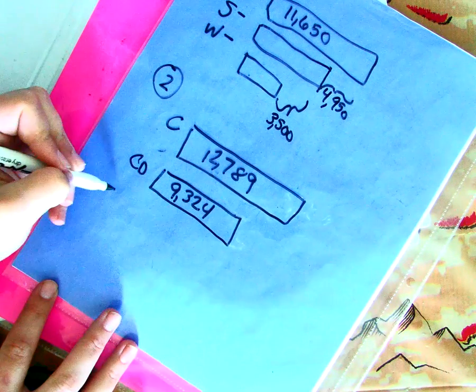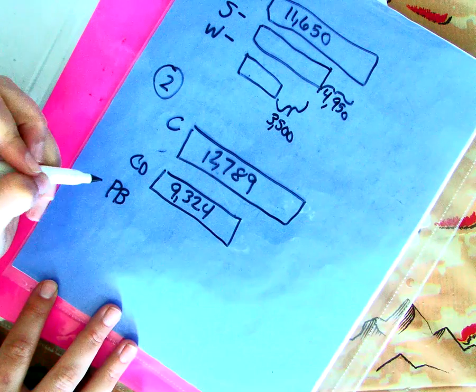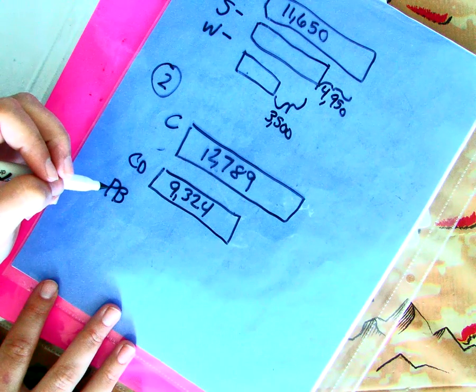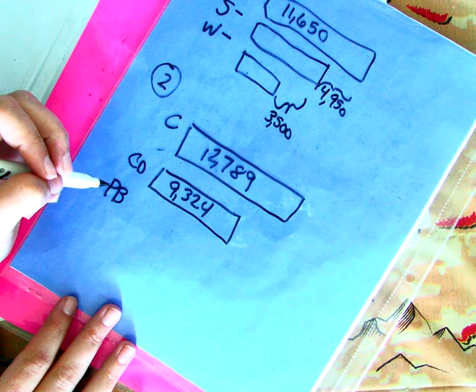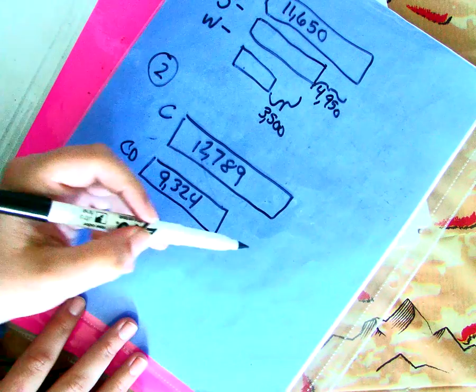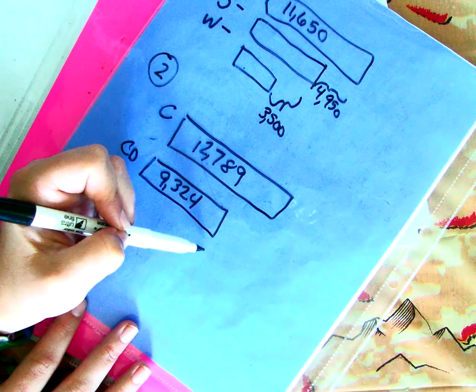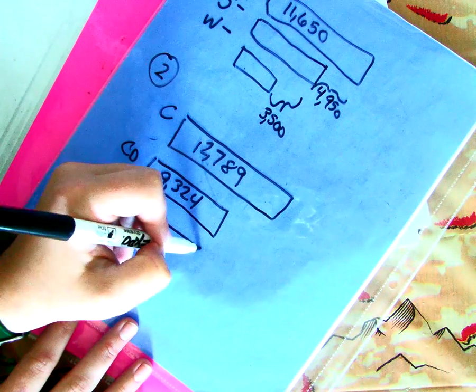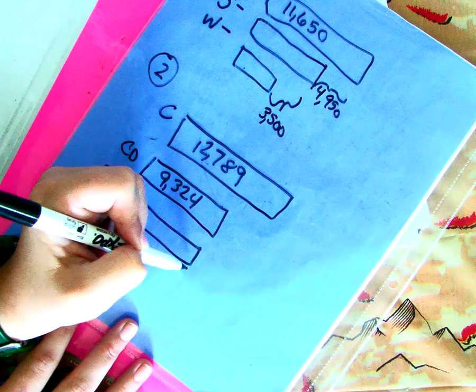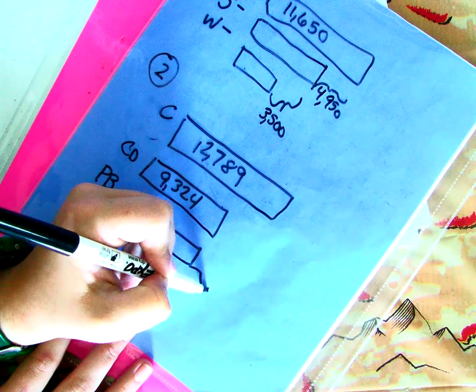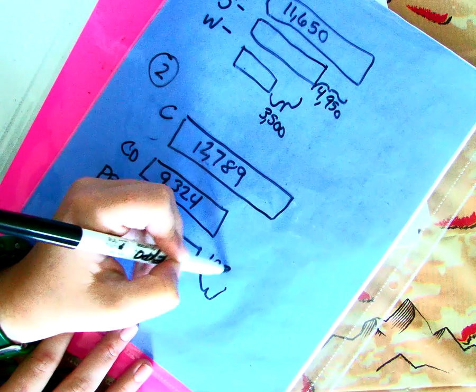9,324 cookie dough. Peanut butter, it says they sold 1,078 more peanut butter cones than cookie dough. So I'm going to go the same number as cookie dough, and then 1,078 more.